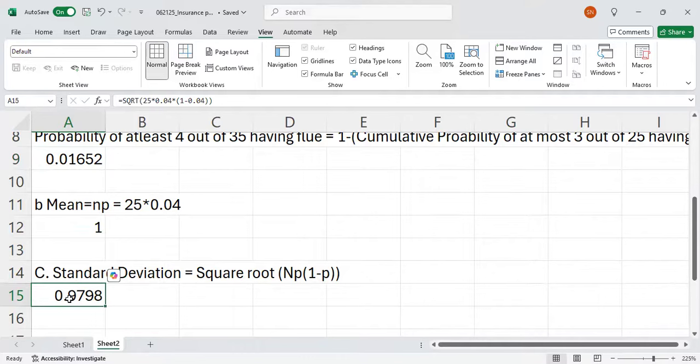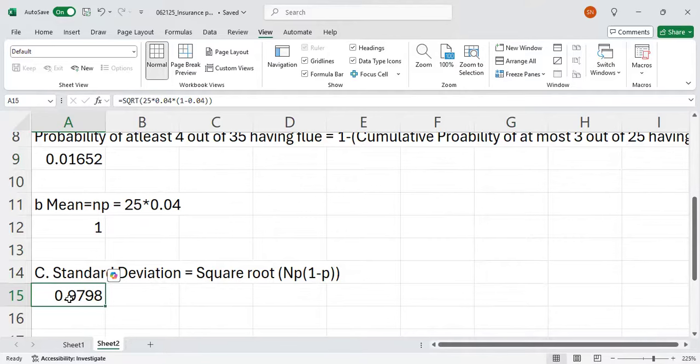So 0.9798 is about 1. Okay, in the ballpark it is 1. That means your center, or mean, is 1 on the average, and if you subtract the standard deviation from the mean, 1 minus 1 is 0, and if you add the standard deviation to the mean, 1 plus 1 is 2.